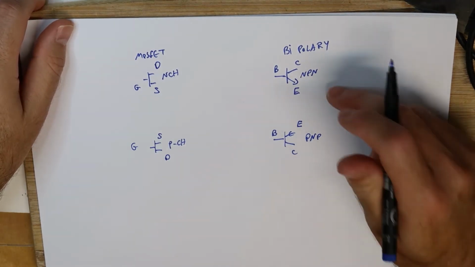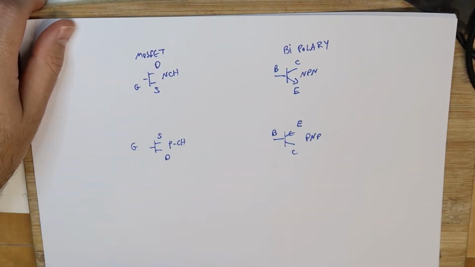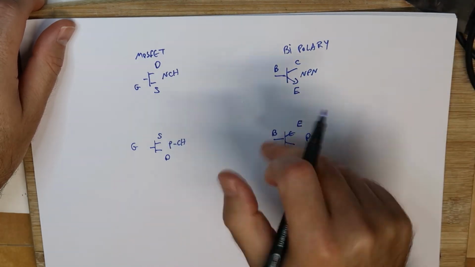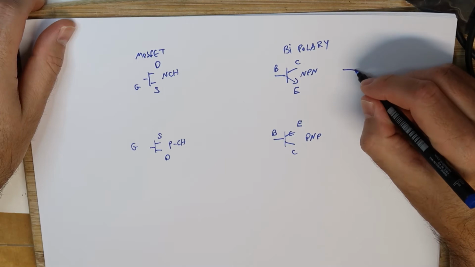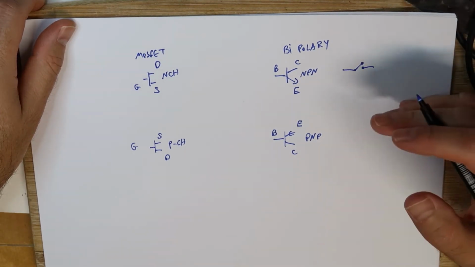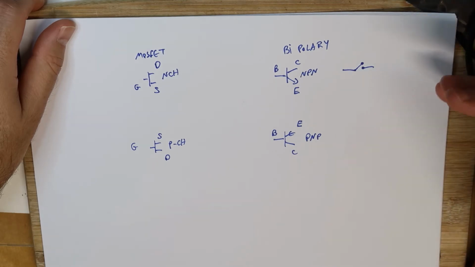Okay, in order to make the NPN work, NPN can be like a regular switch. Both of them we can work with like a regular switch. They can open and close and connect a current to our load.